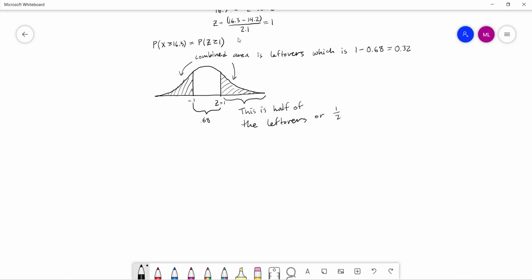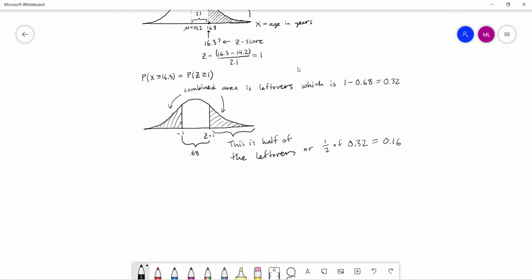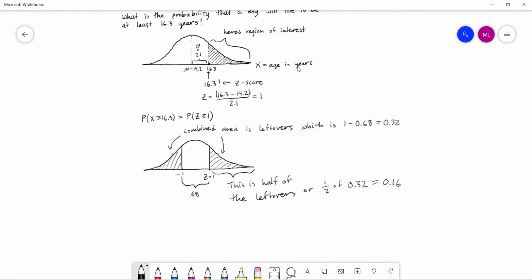So it's 1/2 of 0.32. So if I take 0.32 and I divide it in half, I will get 0.16. And that is my estimation for this area. The probability that a dog is going to live to be more than 16.3 years is 0.16. And I found that by using some sort of clever tricks and some drawings here.